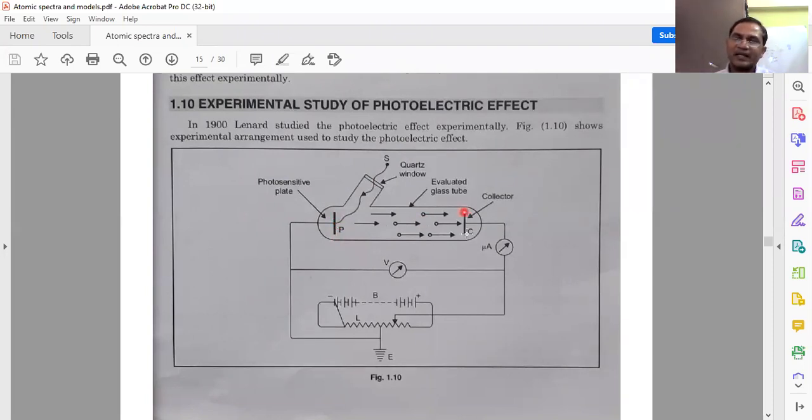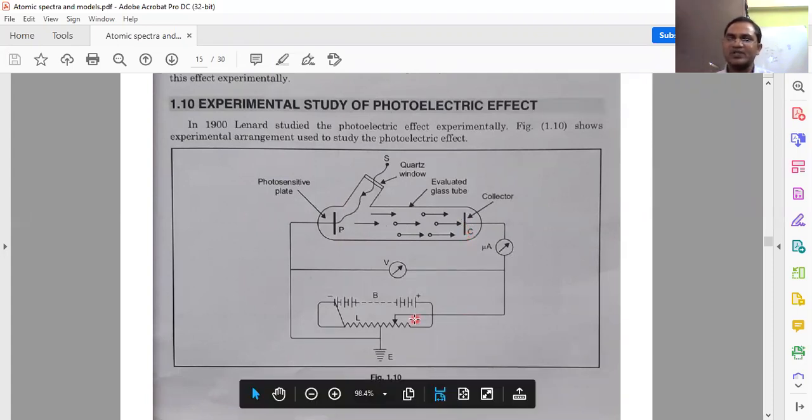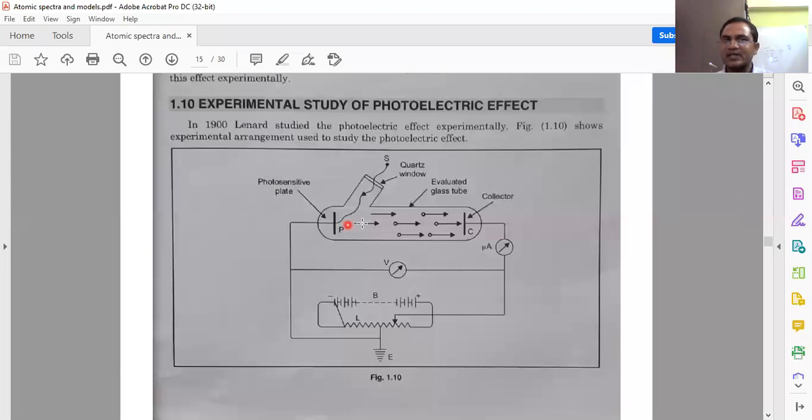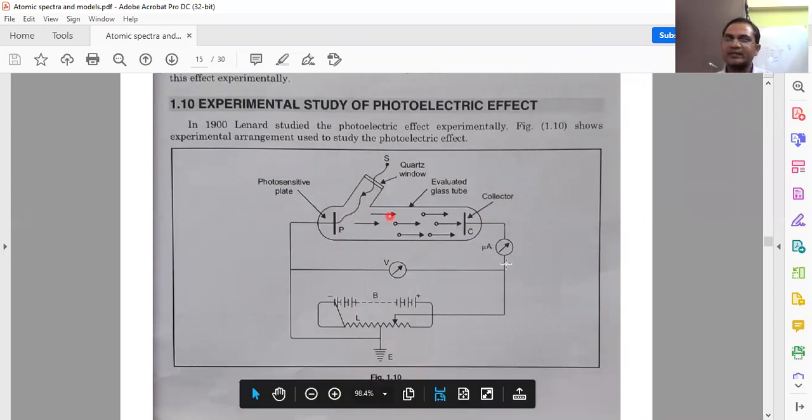Here the collector is connected to a high potential, some positive potential compared to the cathode. Therefore, these electrons will move towards the collector, the circuit is closed, and hence current flows because of these electrons.